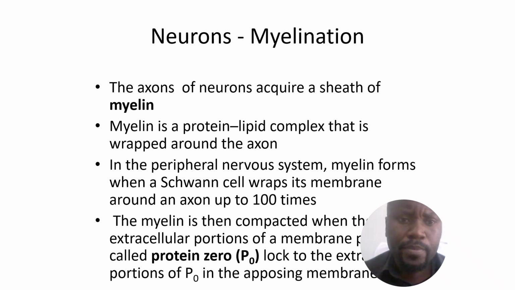Myelination is crucial, and this is produced by oligodendrocytes and Schwann cells. In terms of the chemistry, myelin is a protein-lipid complex that is wrapped around the axon in sheets. It will be wrapped over 100 times, covering that axon to improve its efficiency.